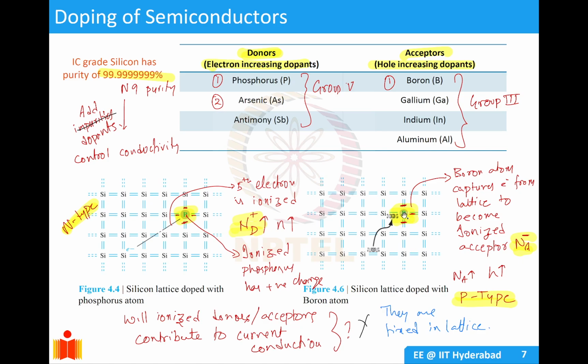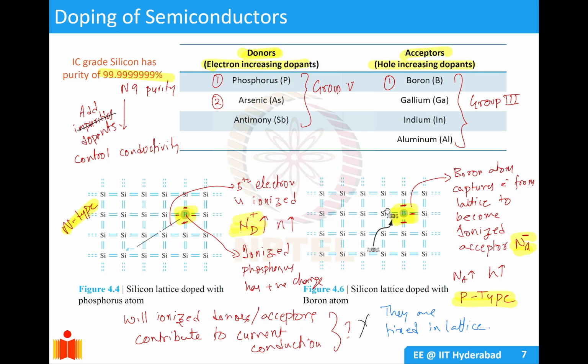Similarly, boron only has three valence electrons. So it makes 3 bonds, and one of the bonds remains empty, which it then fulfills by taking in extra electrons from neighboring atoms.